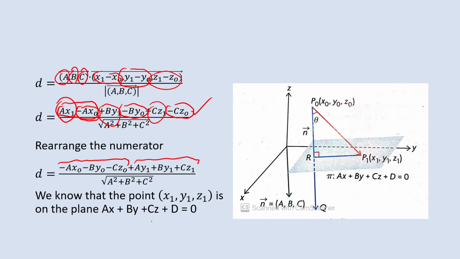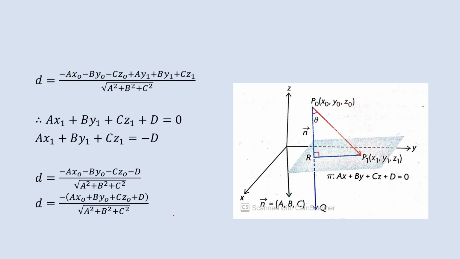Okay? Now, we know the point x1, y1, z1 is actually on that plane. And what that means for the point x1, y1, z1 to be on the plane in question is that ax1 plus by1 plus cz1 plus d equals 0. Well, throwing that d on the other side, it means ax1 plus by1 plus cz1 equals negative d. Okay?